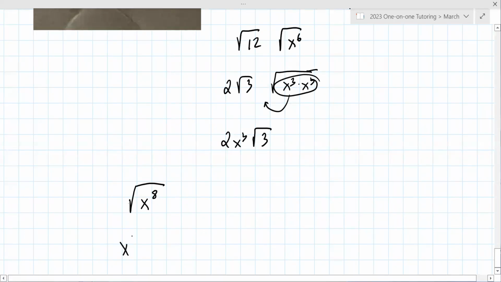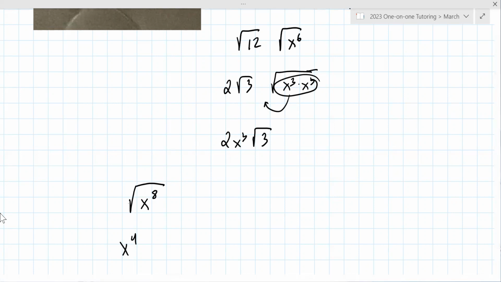Yes, it just becomes x to the 4th. Oh yeah, I forgot about the square root. It's kind of just cut it in half with the exponents. Yes, exactly. That's all it is. You just cut it in half.